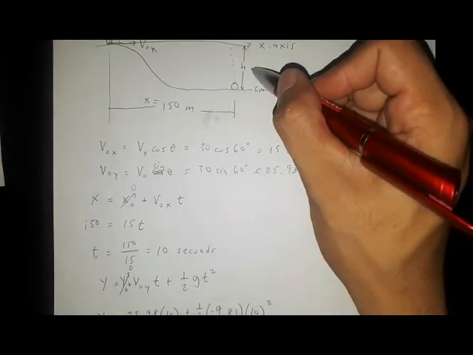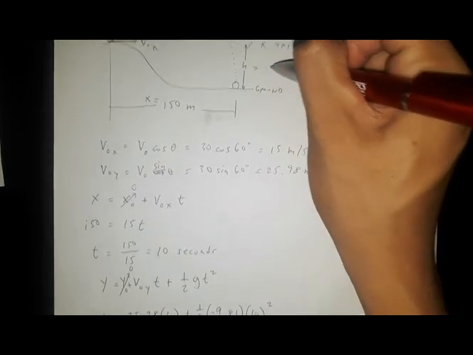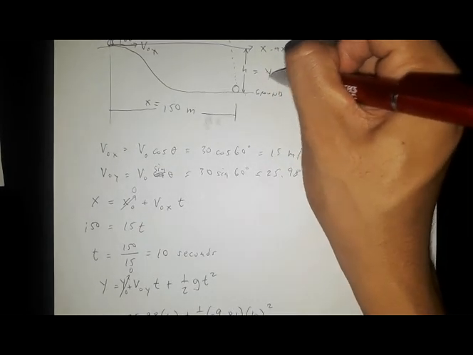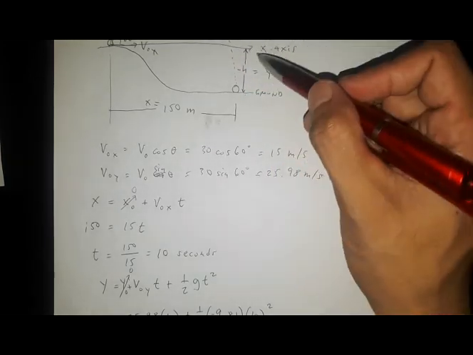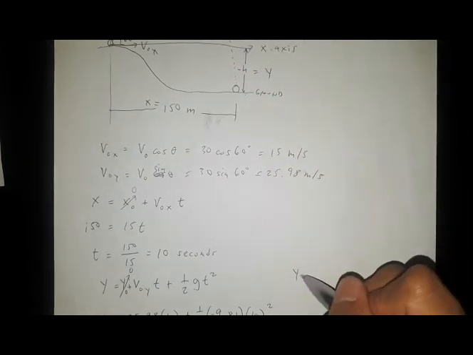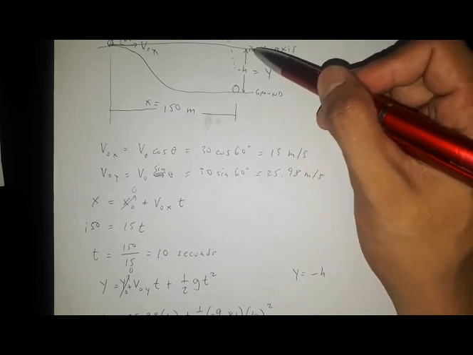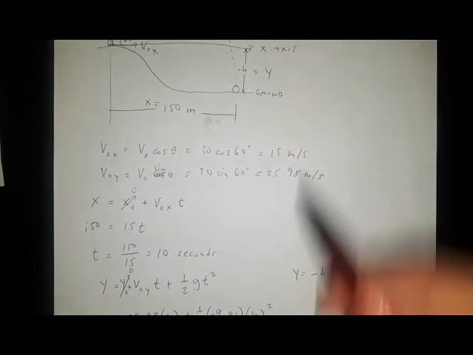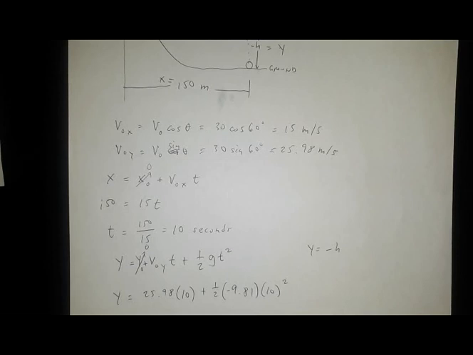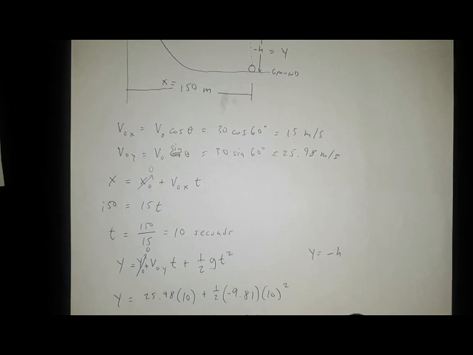So here h is equal to y, or y is negative h. So y is negative h, knowing that h is below the x-axis. So we have negative h equals 259.8 plus 1/2 times negative 9.81 times 10 squared.